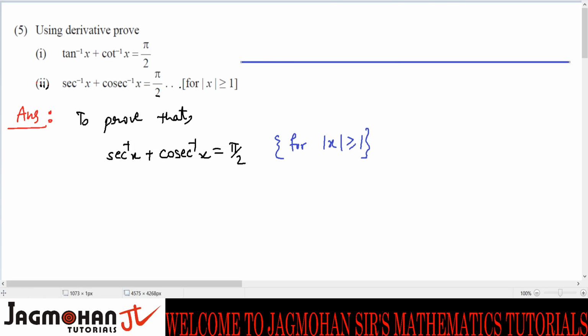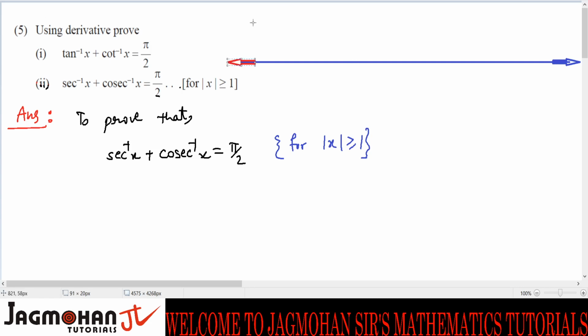I will tell you. So think this is our number line. On this number line we have the positive x-axis, and here this is the negative x-axis.